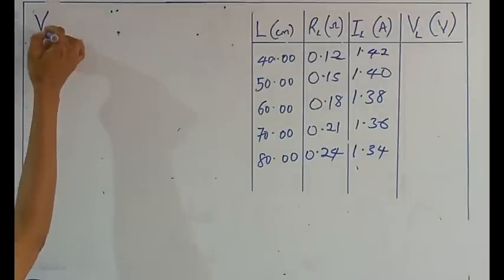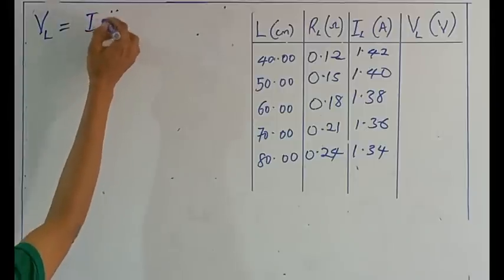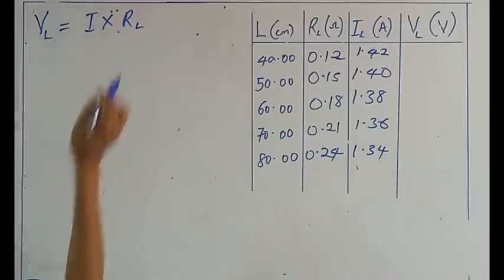So we are going to use that V for each length is I times R for each length.